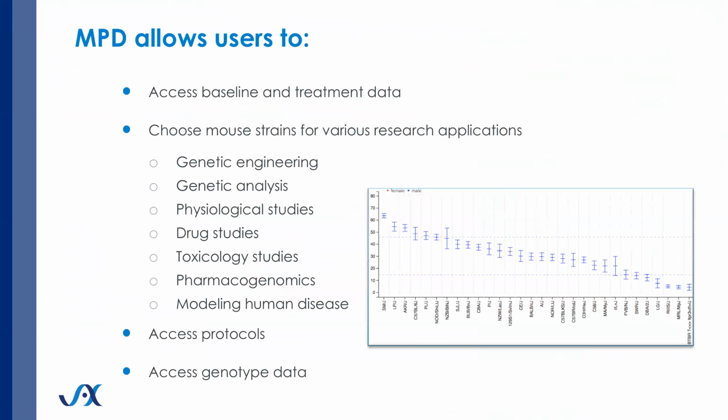MPD allows users to access baseline and treatment data, choose mouse strains for various research applications, and I've listed a few there as you can scan through, accessing protocols, and accessing genotype data.